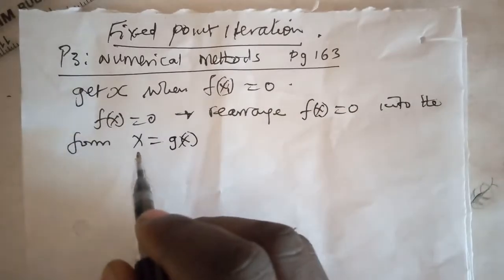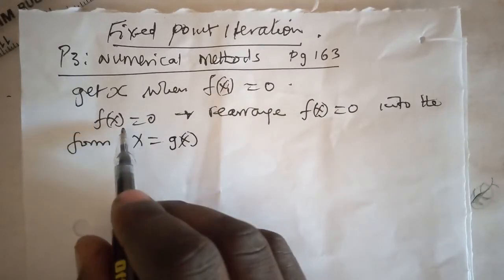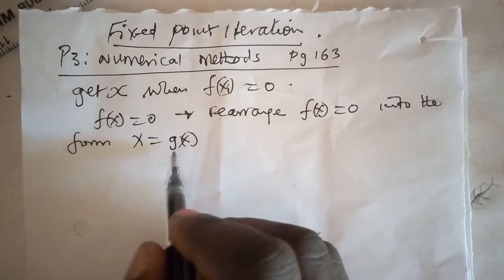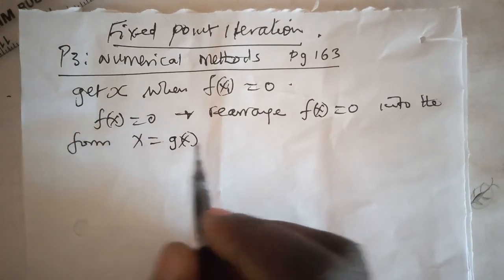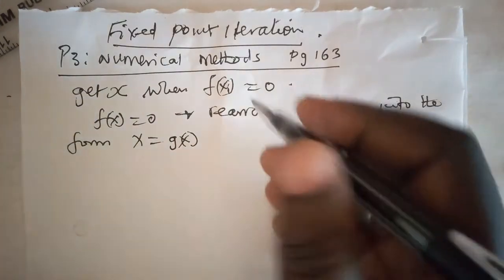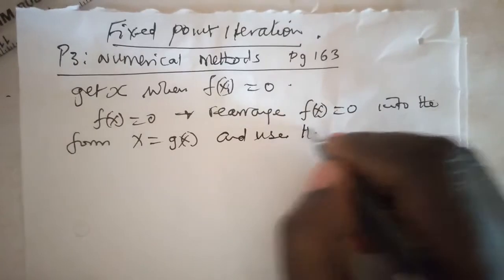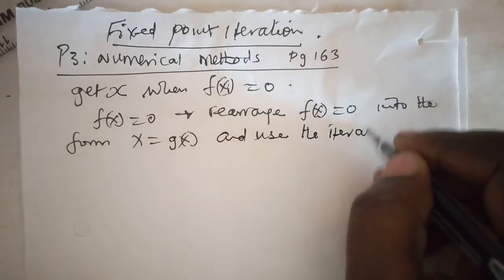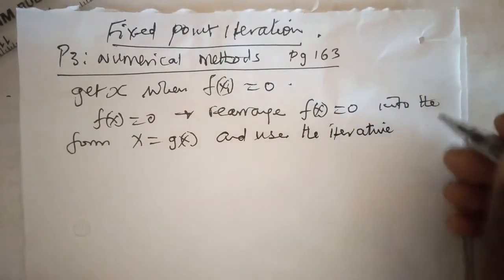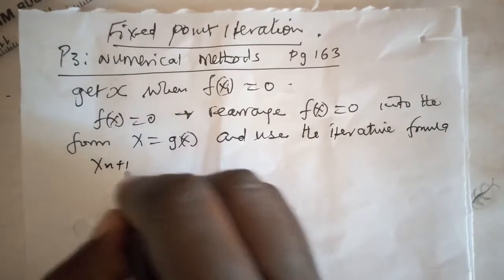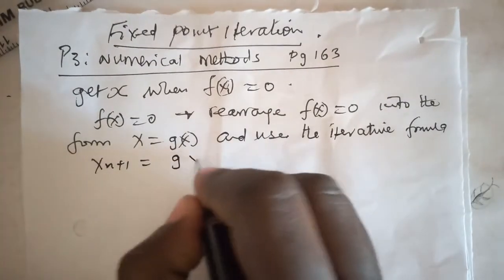In other words, you make one of the x's in the original function the subject of the formula. Of course, that demands that you have a different function altogether, and use the iterative formula x_(n+1) is equal to g(x_n).